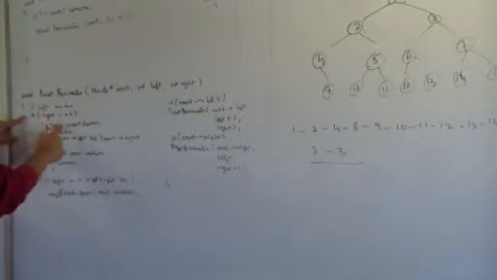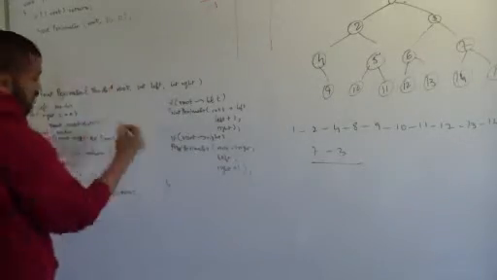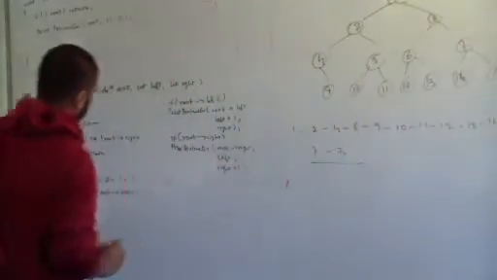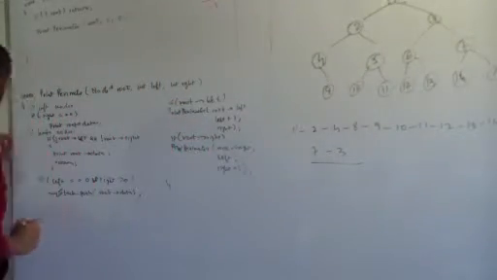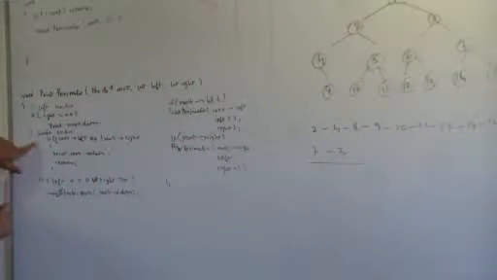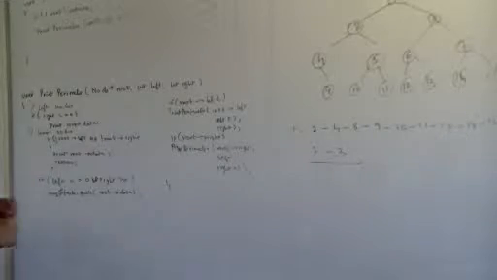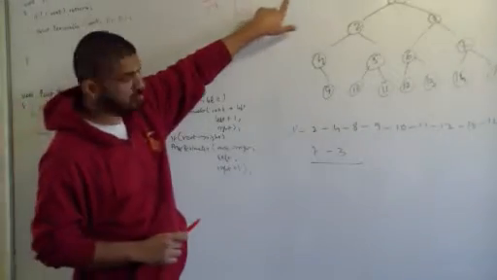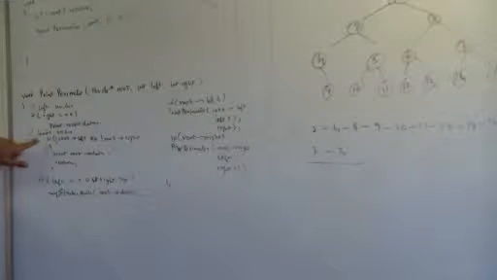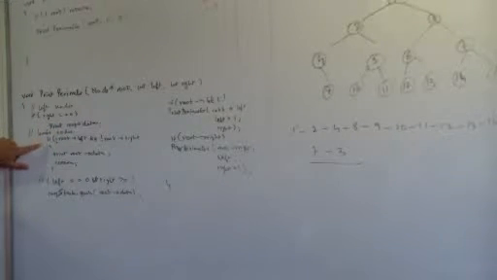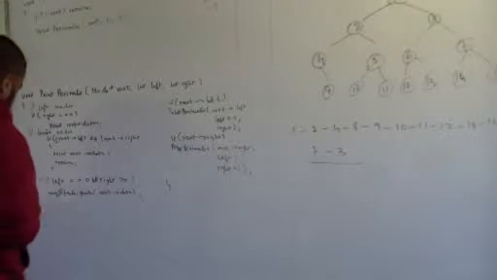If right equal to 0, print root. So your 1 is printed. Then you are seeing is this a leaf.